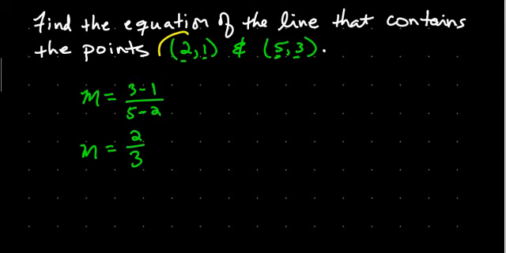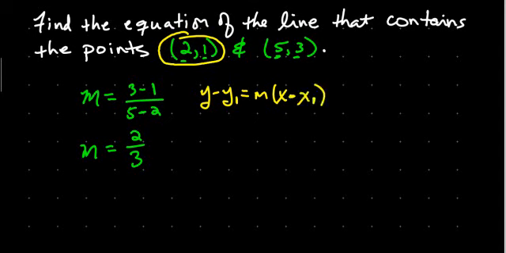Okay? So to find the equation of the line, we pick either point we want. Let me pick this one. And we get y minus y1 equals m times x minus x1. So I get y minus y1, there's 1, equals m, which is 2/3, times x minus x1, x minus 2, x1.